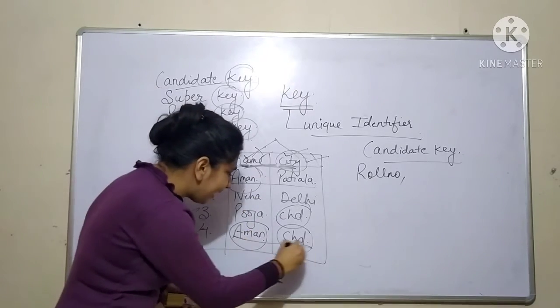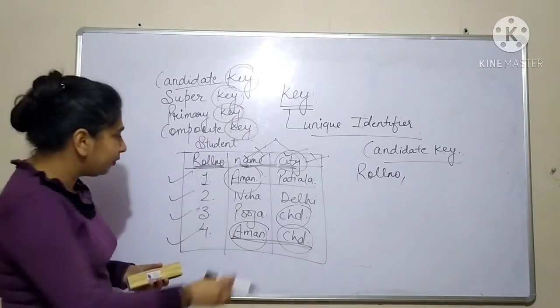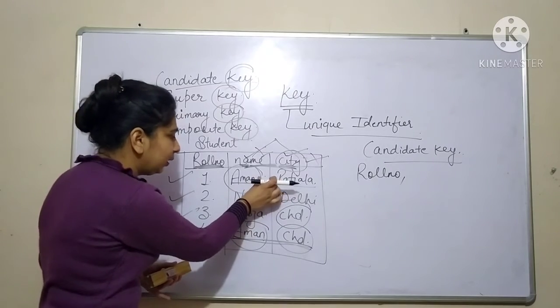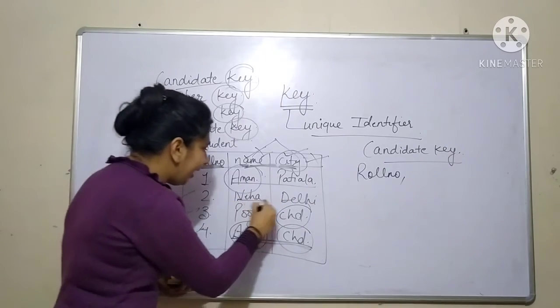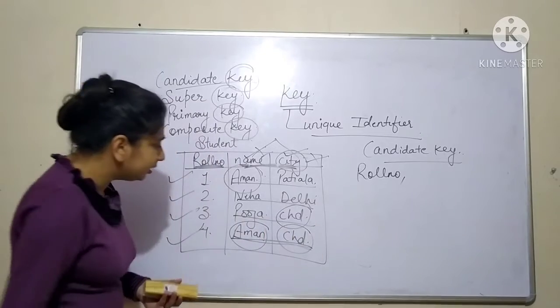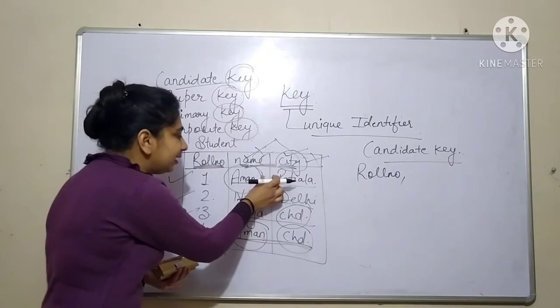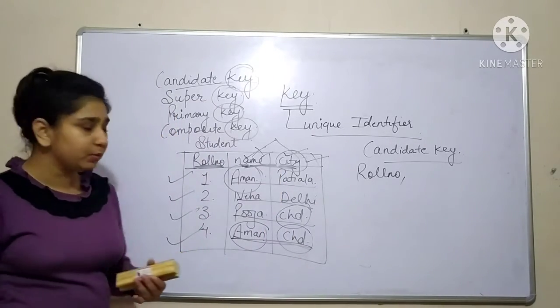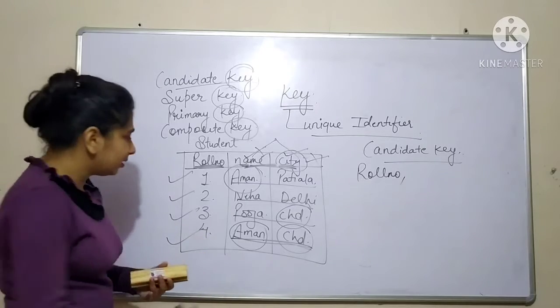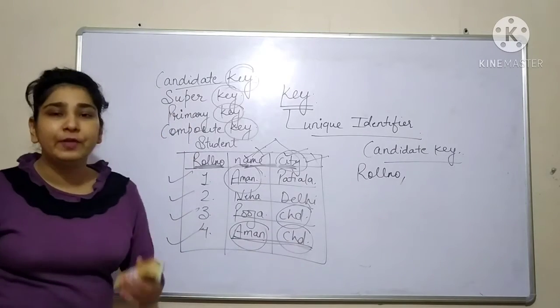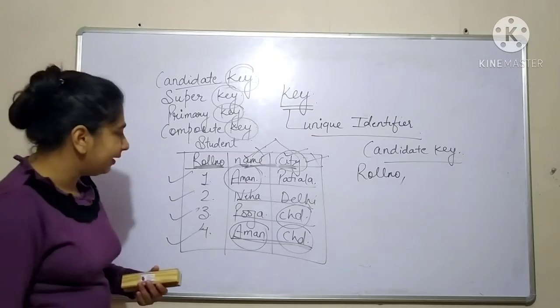No, we have Aman and Chandigarh. So if you look at it combinedly, Neha and Delhi, Pooja and Chandigarh. So if you look at it combining these two attributes, all these are different. All these are different. Okay.